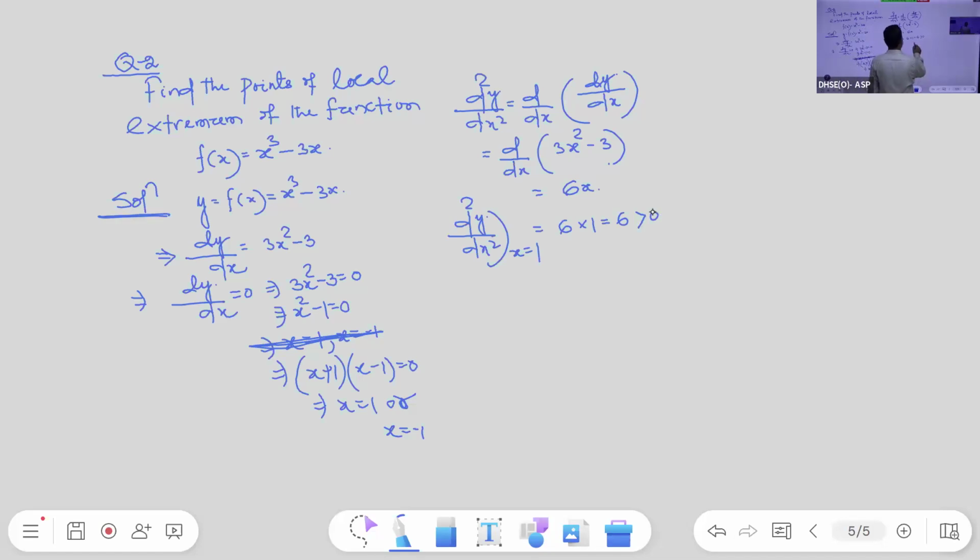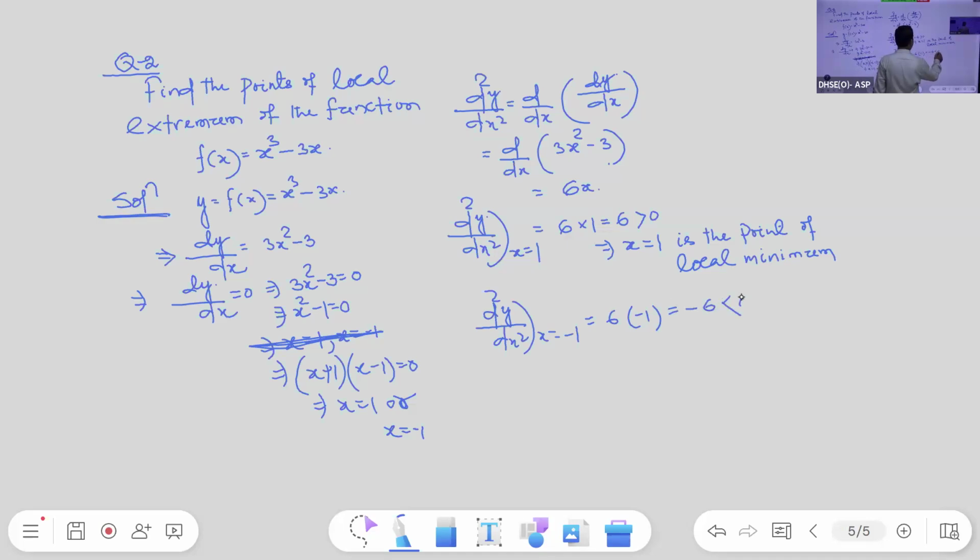So x is equal to 1 is the point of local minimum. Then d square y upon dx square at x is equal to minus 1 equals 6 into minus 1, that is minus 6, which is less than 0.